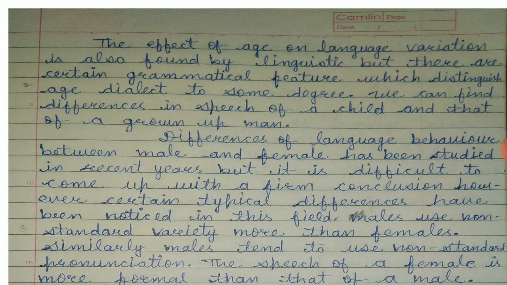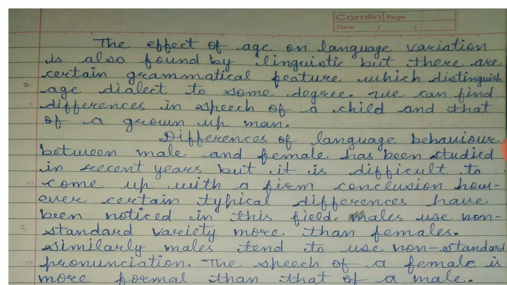The effect of age on language variation is also found, but there are certain grammatical features which distinguish age dialect to some degree. Though there is not much difference, there is still some difference in the use of language depending upon the age, especially when a child is learning a language. A child uses language differently.